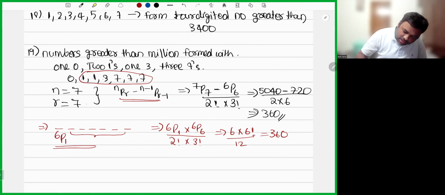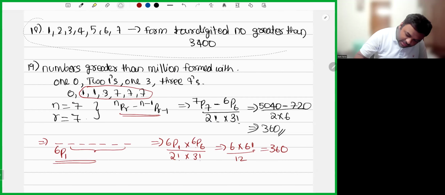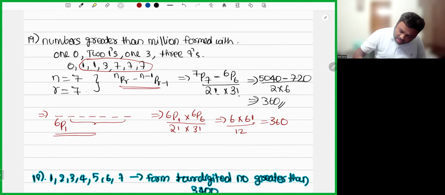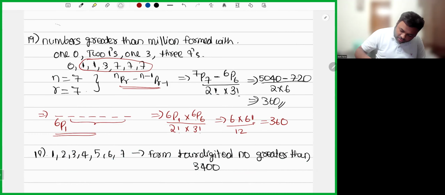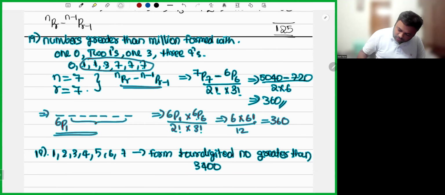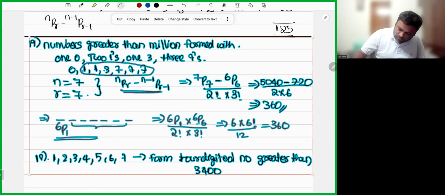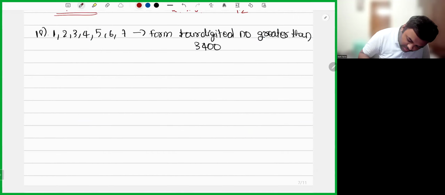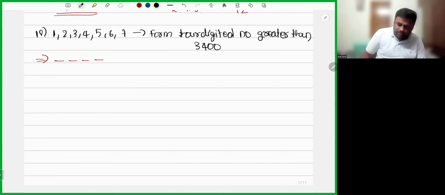Now, see this. Using the digits 1, 2, 3, 4, 5, 6, 7, form 4-digit numbers greater than 3400. Can the number start with 1?